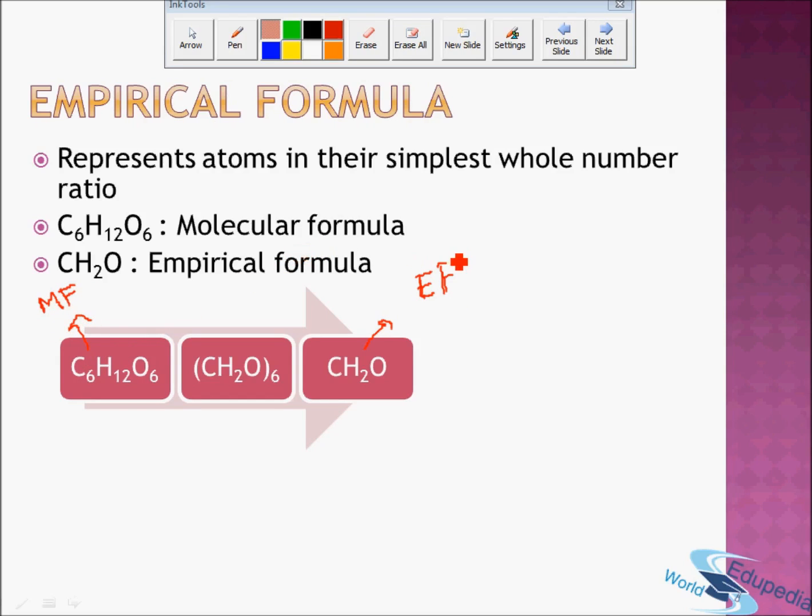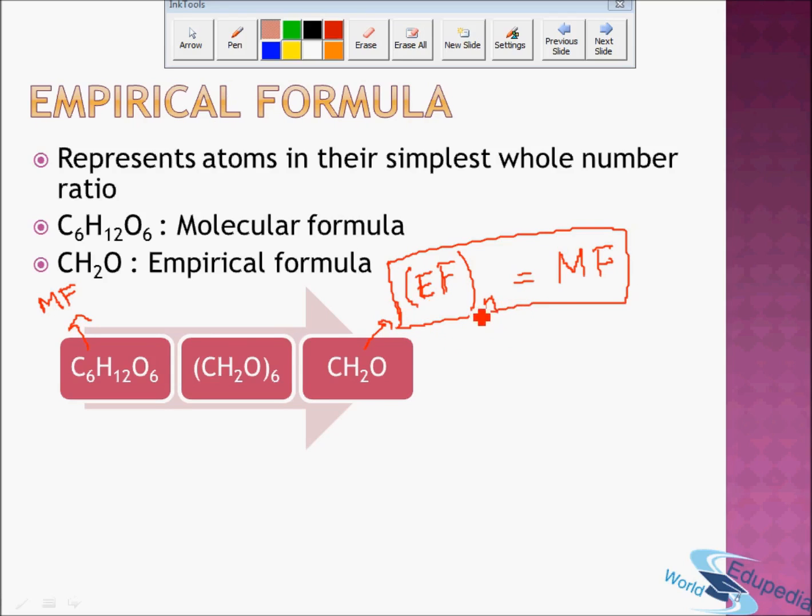EF and MF are related such that if I multiply EF with some subscript n, a whole number n, I can get the molecular formula. In glucose's case the subscript n was 6. So if I multiply empirical formula with a subscript n, I can get the molecular formula. This is the relation between empirical formula and molecular formula.